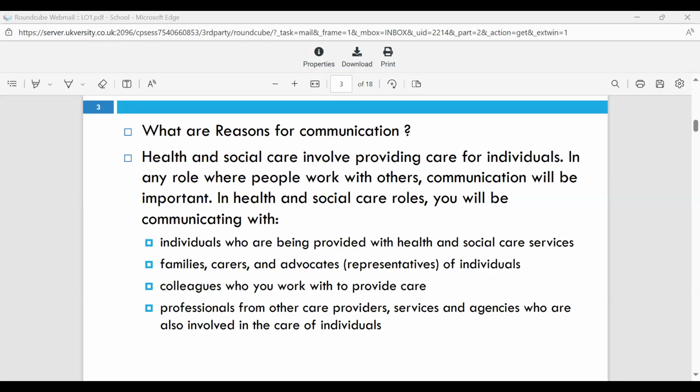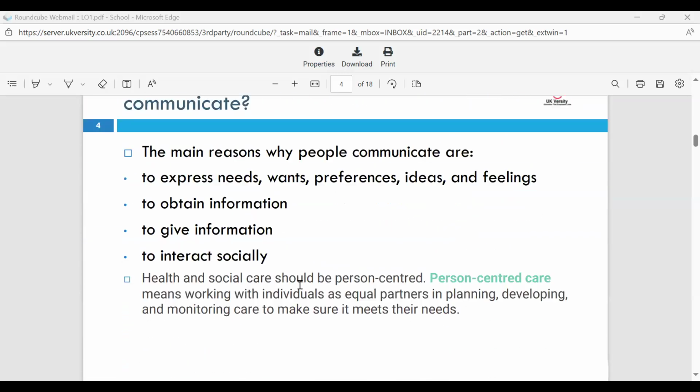So you need to build this relationship of communication to make sure you connect with that person and are able to communicate any elements of the person's illnesses or medication or anything like that. It's really important in health and social care, especially.